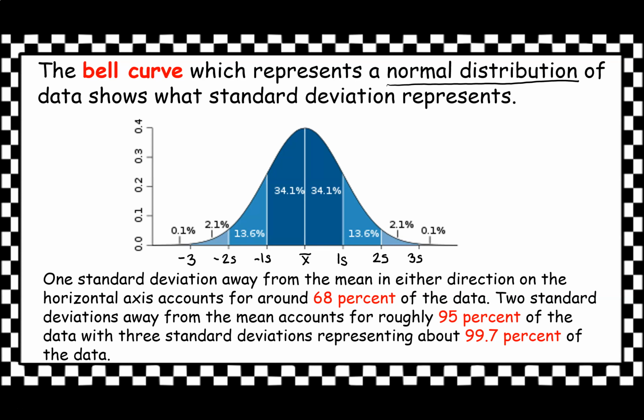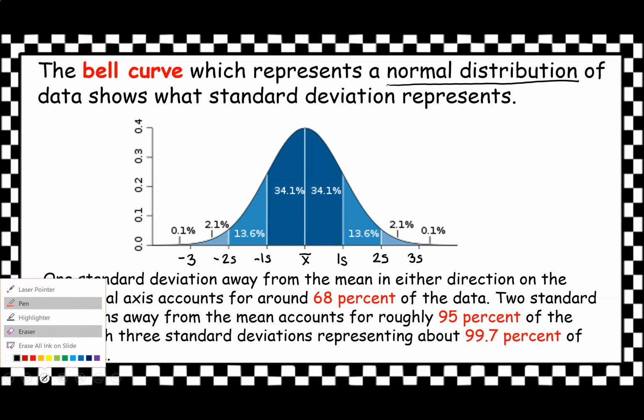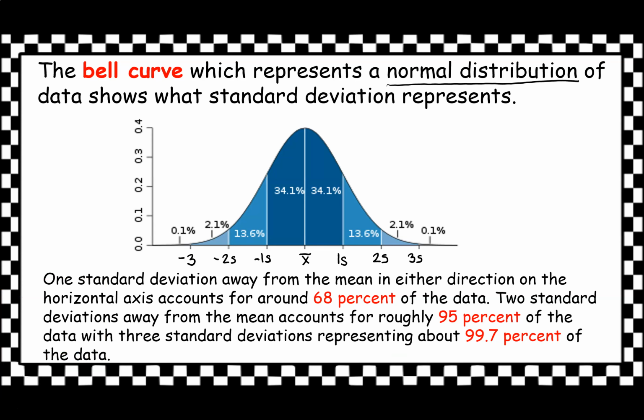And so if we look at this chart right here, and I'm talking about this group of people right here, if we add up 34.1 and 13.6, so let me do that now.